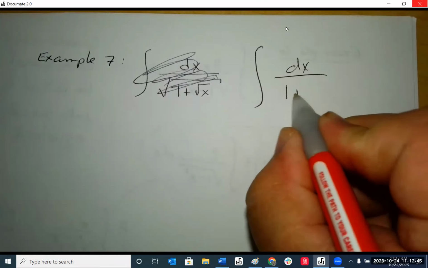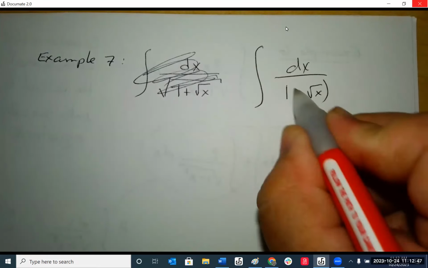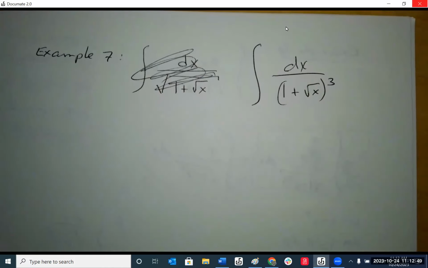It's 1 plus radical x cubed. Well, what method do we want to start off with here? Let's use substitution. I mean, that's always the safest way to go.